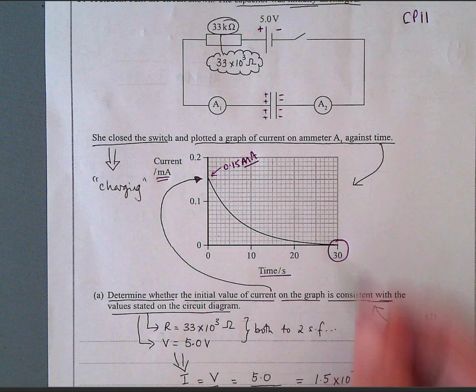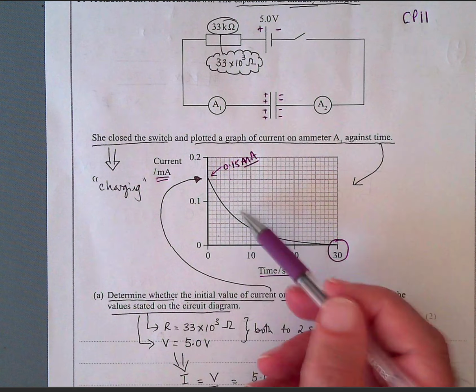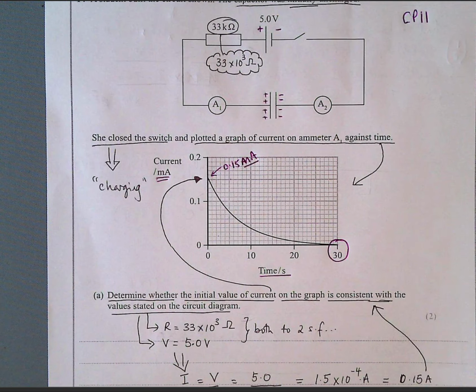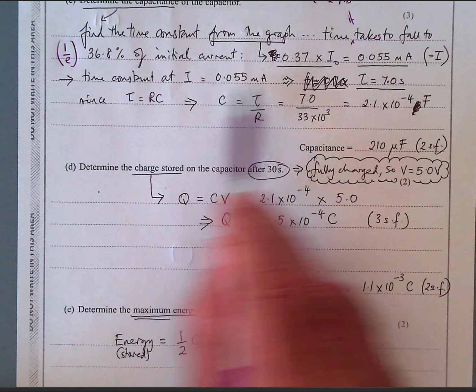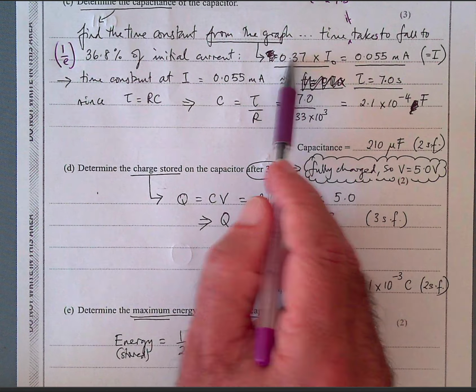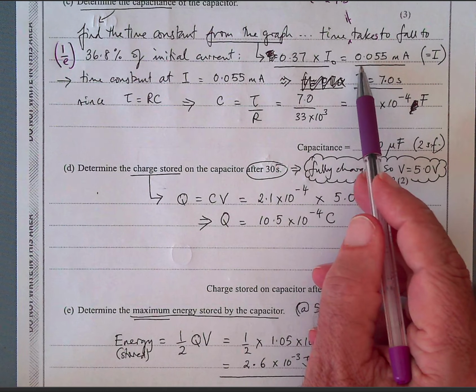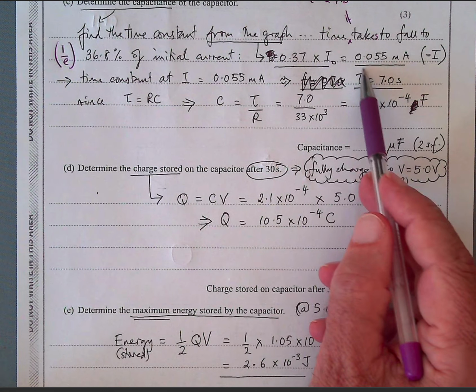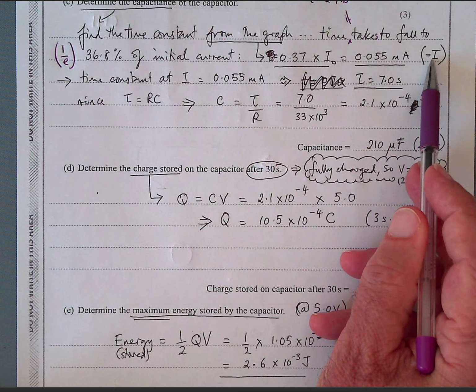So if you know the starting current, you should be able to work out what's 37% of that, and you'll see in my calculation the time constant, the 37%, 0.37, so I've just rounded because 2 significant figures is sufficient for the purpose of this question, because everything has been given to 2 significant figures. So that comes to about 0.055 milliamps. That will be the current at that value.